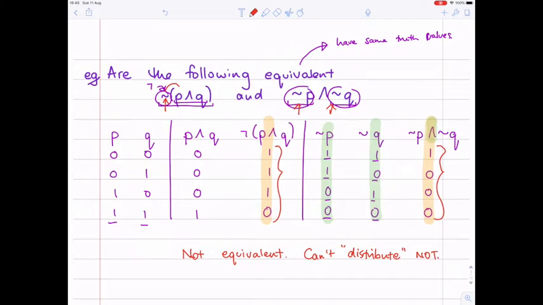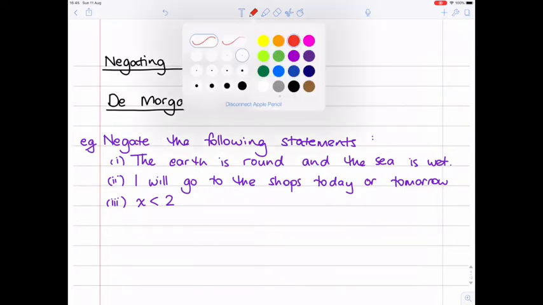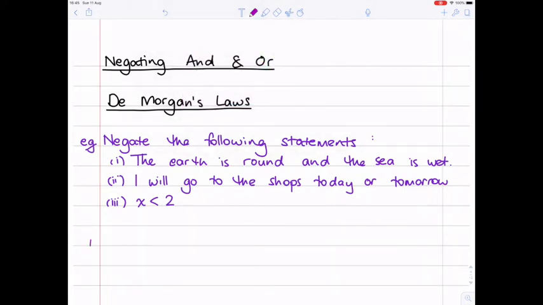Let's see if this makes sense. We're wanting to think about what it means if we negate ands and ors. So take a moment to negate the following statements. The earth is round and the sea is wet. If we start breaking this up, we've got the earth is round, that's one atomic statement, and the sea is wet, that's another atomic proposition, and we're linking them with and.